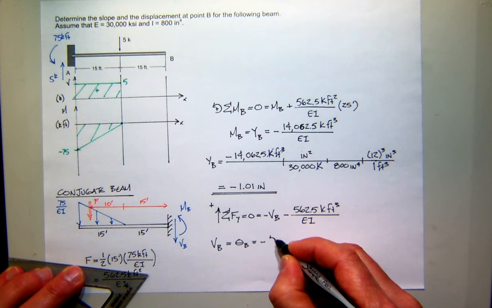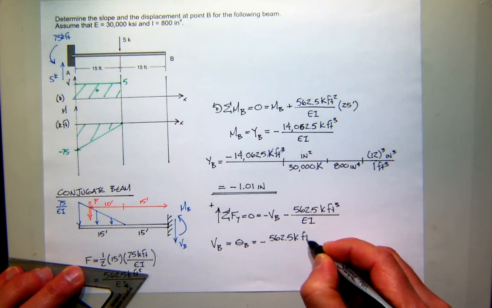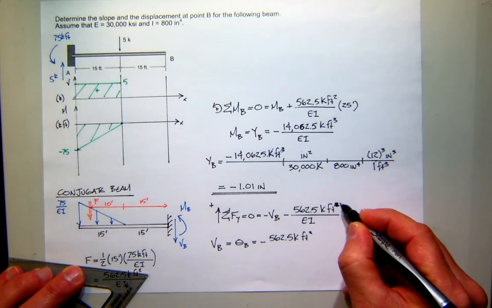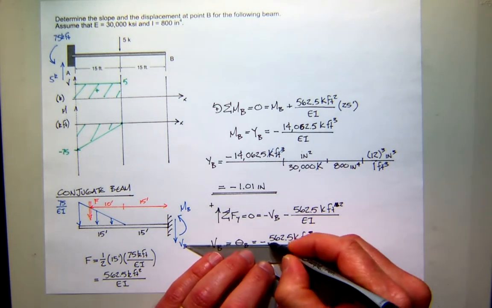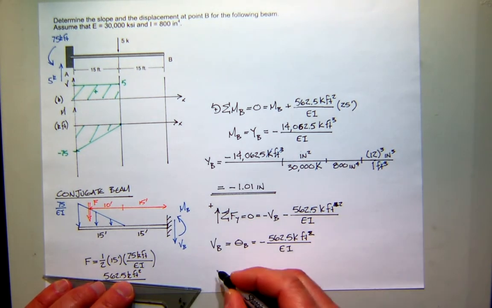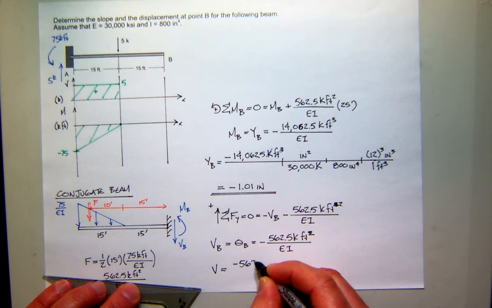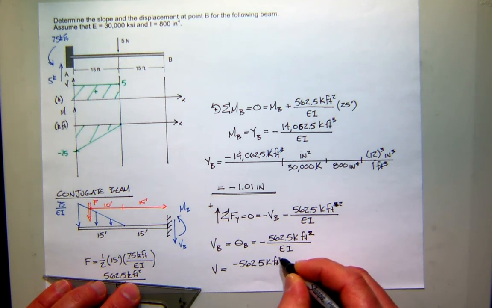So the shear at B, which really maps to the slope at B, is equal to minus 562.5 kip feet. Oh, I got cubed. I meant squared. Sorry. Divided by EI. So since we have values of EI, we can go ahead and calculate that. So I'll have my minus 562.5 kip feet squared.